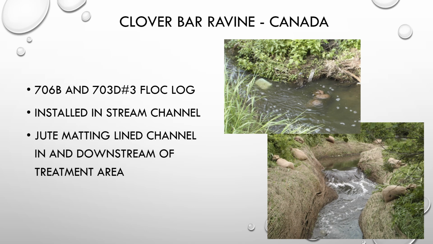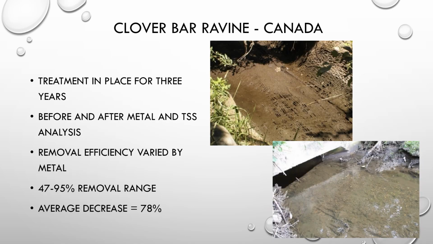So we lined the channel with biodegradable natural jute matting and then strung some jute curtains downstream of that to collect the floc that was created during this project. This treatment was in place for 3 years. We measured before and after metal and TSS.